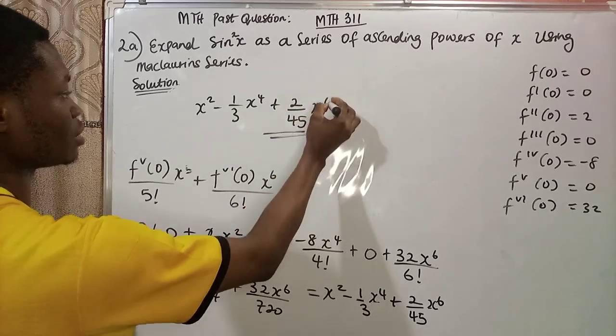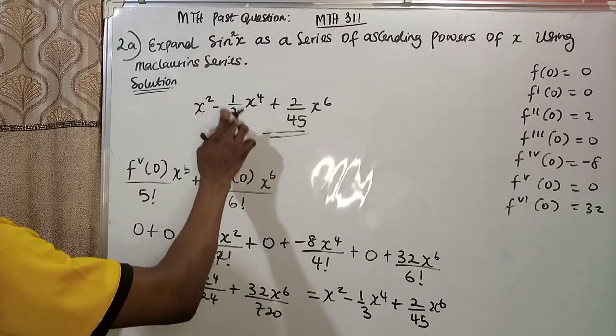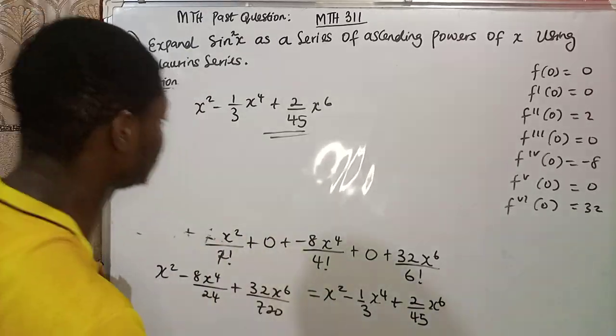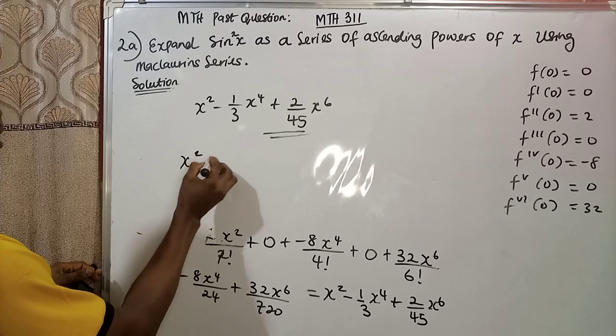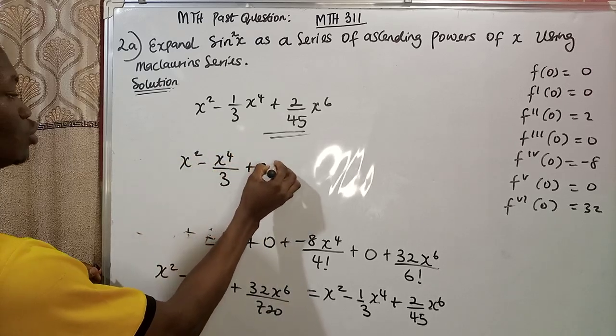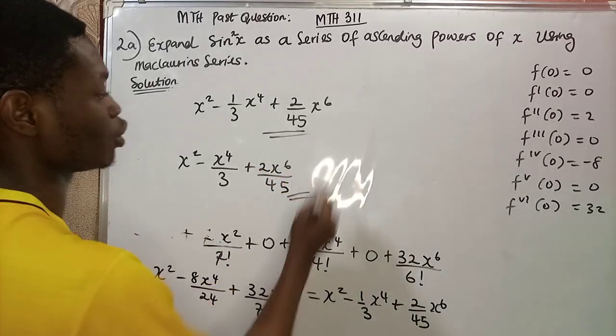So this is our answer. If you like, you can multiply this one and this one. You can write it like this: x squared minus x to the power of 4 all over 3 plus 2x to the power of 6 all over 45 is also correct.